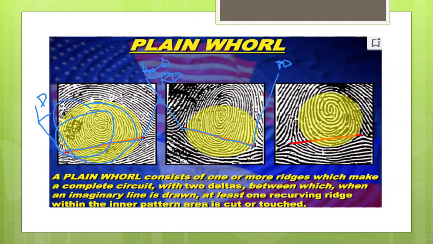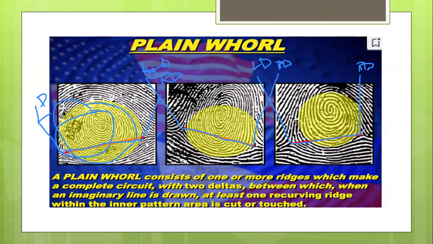Moreover, another example, the same: this is the left delta, and this one is the RD. Okay, this is the right delta. When an imaginary line is drawn between two deltas, again, there are ridges that touch the imaginary line. What kind of ridges? Circuiting ridges.